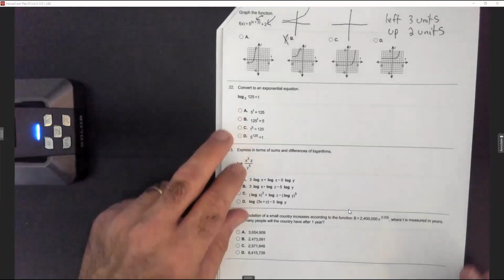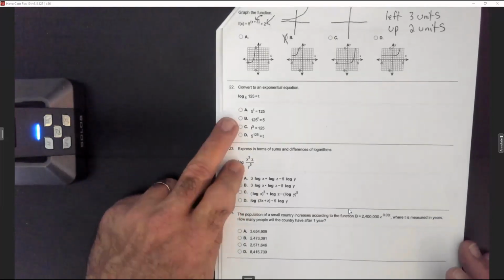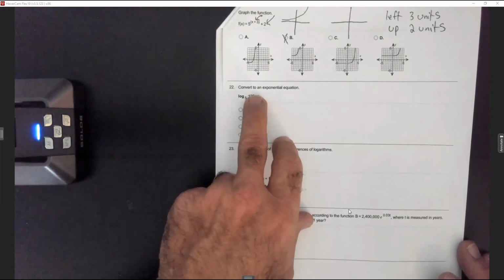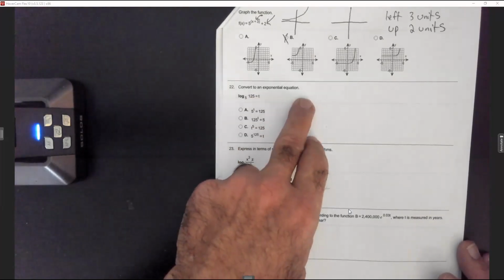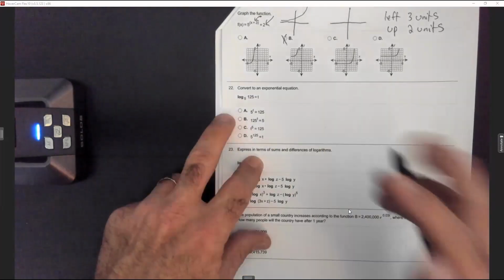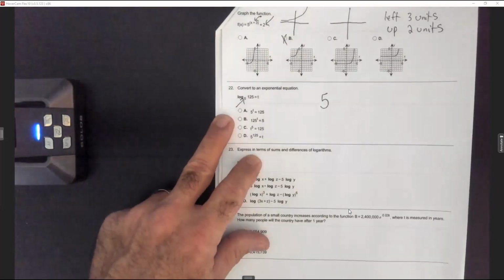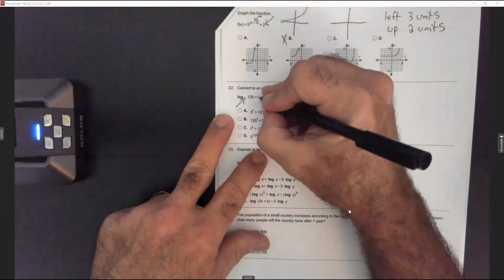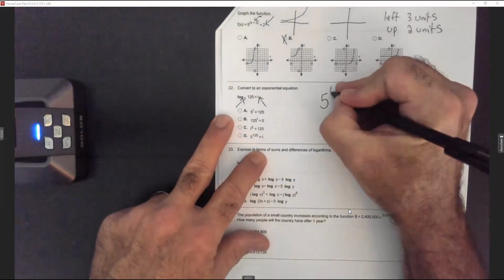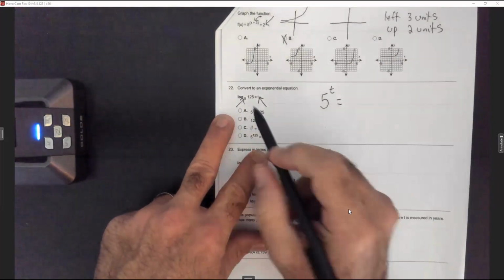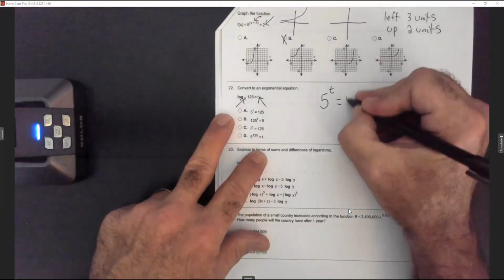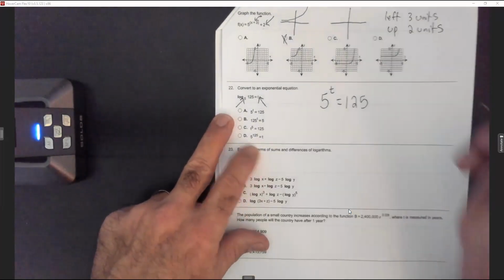All right, then we got into all the exponential and logarithmic. This one wants me to convert to an exponential equation. So let's see, the base is 5. So that's going to be the base. The exponent is the t. And that's going to equal that result of 125.